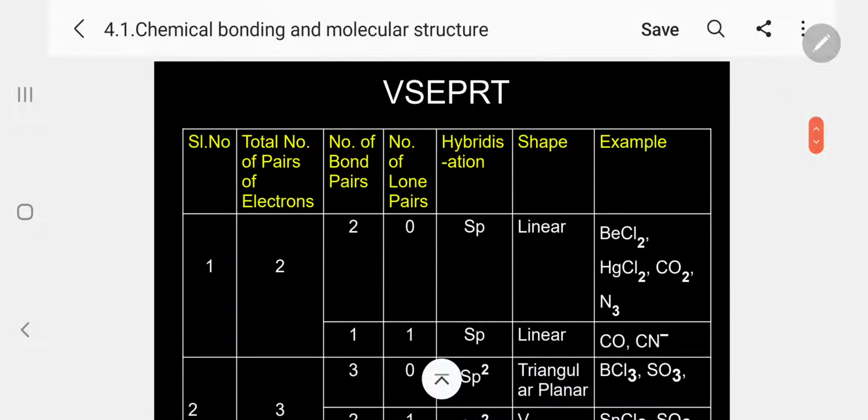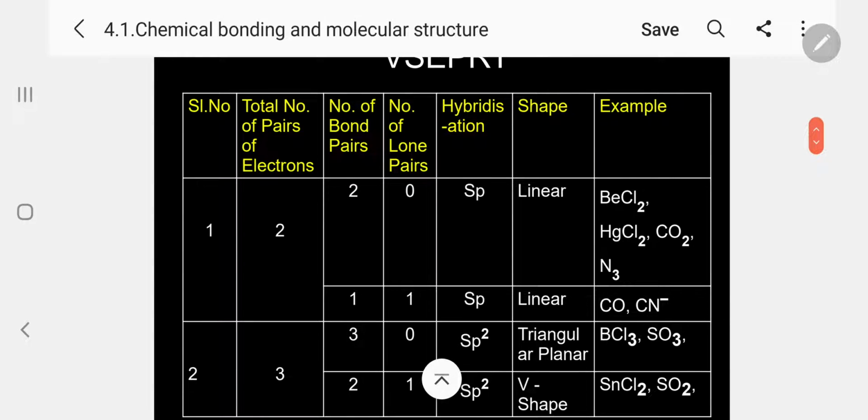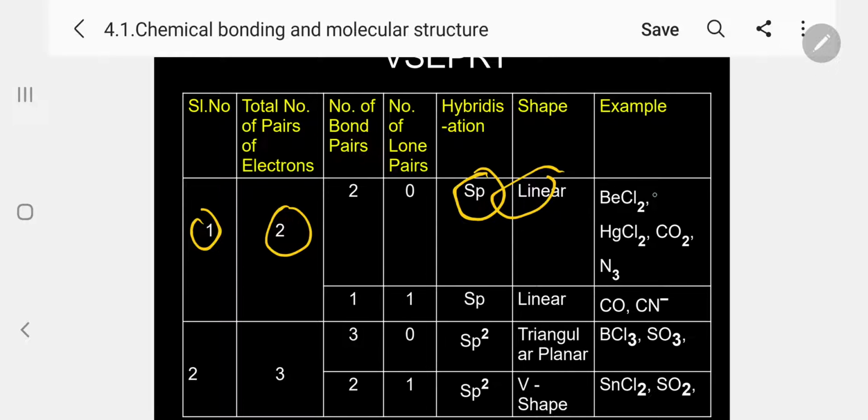Based on this, now we have a number of examples in the table. Kindly follow. Suppose number 1, total number of pairs is 2, bond pair 2, lone pair 0, hybridization is sp, linear, examples beryllium chloride, mercury chloride, carbon dioxide, and N3 minus. If it is 1, 1, again sp, linear, CO, CN minus.